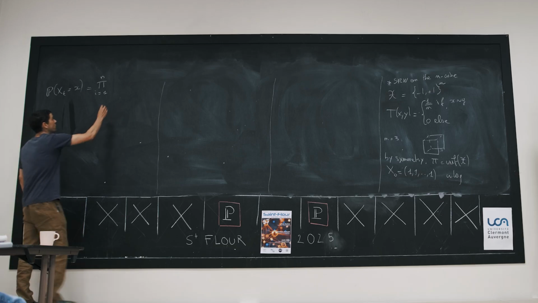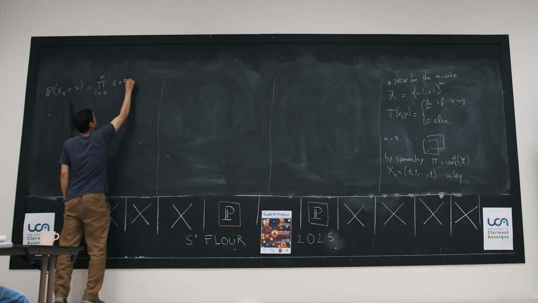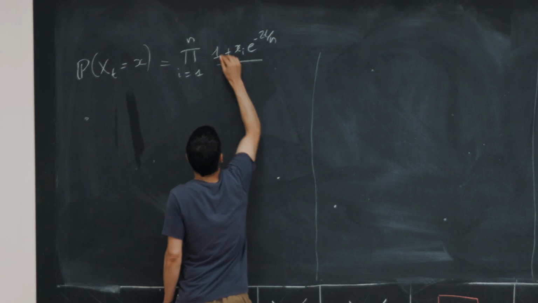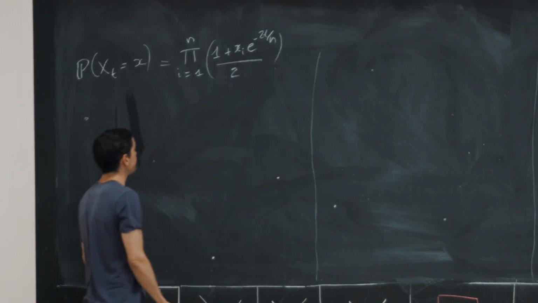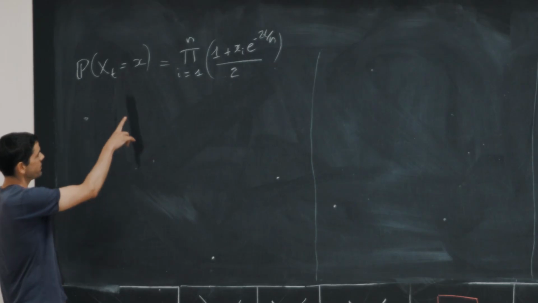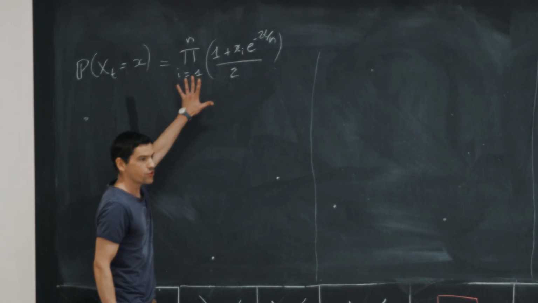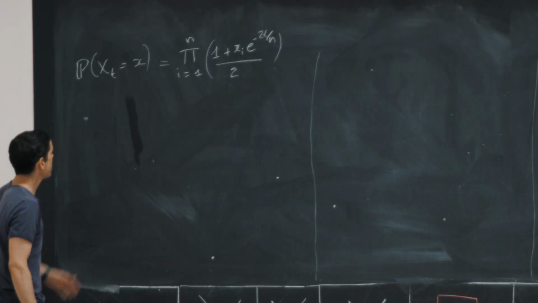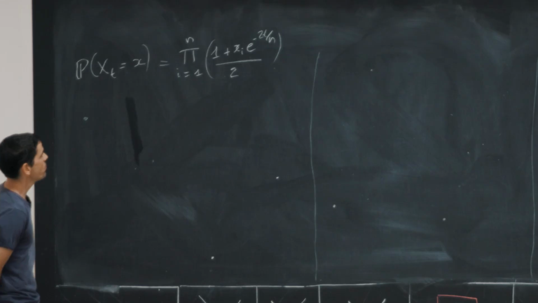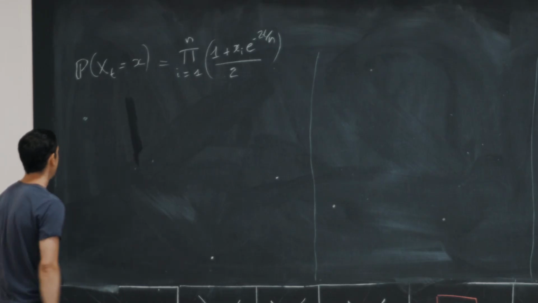And so what you get is this when you do the computations. Okay, and you see when t tends to infinity, this disappears and you get the uniform measure. So the question is how close you are to the uniform measure, or how far you are from the uniform measure, when t is anything.